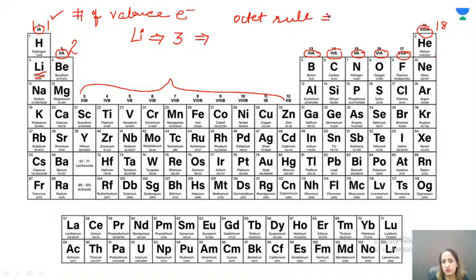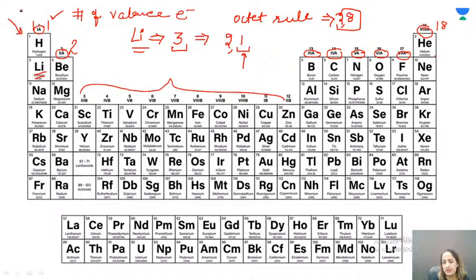As per the octet rule, every element is going to have 2 or 8 electrons in the outermost shell. That is the octet rule. So lithium has atomic number 3 and electronic configuration 2 and 1. So here is the 1 valence electron for lithium, and lithium falls in group 1.